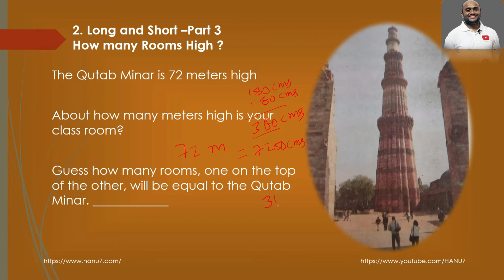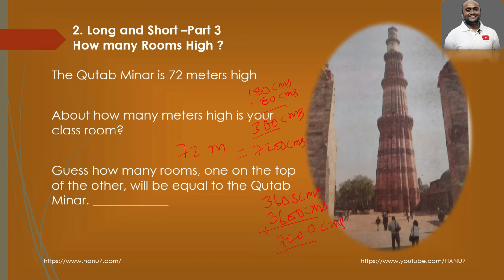So 360, guess that there could be 10 rooms in this, so it will become 3600 centimeters, not matching with the size. So add one more 10 to this, one more 10, 3600 centimeters. Okay, if we add these two, you will get, okay, so 7200 centimeters is the answer.